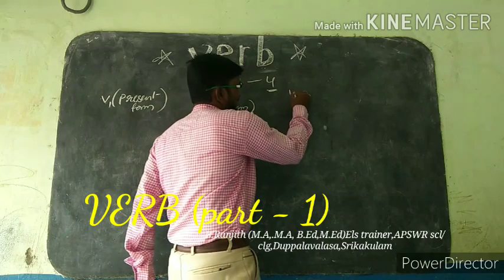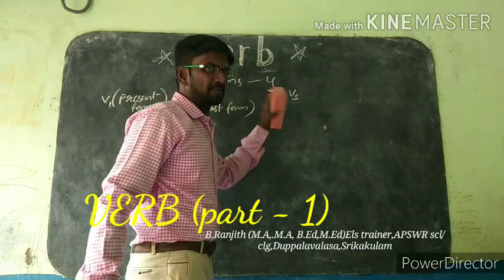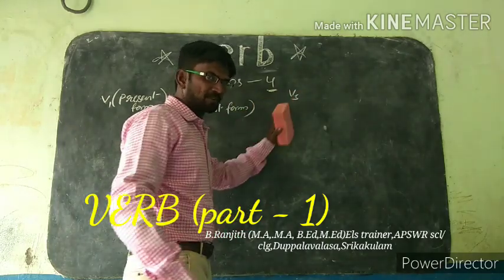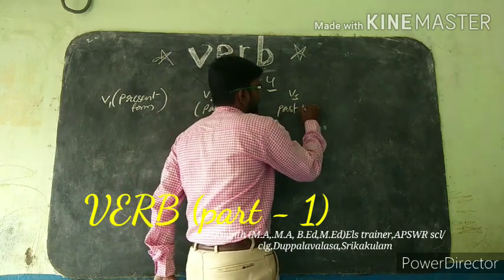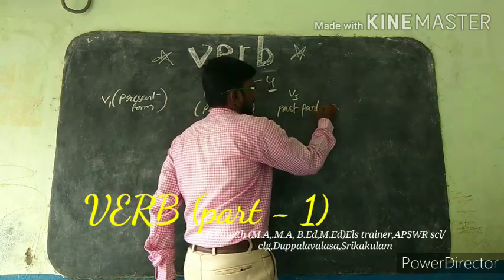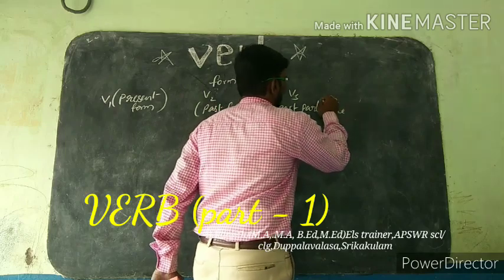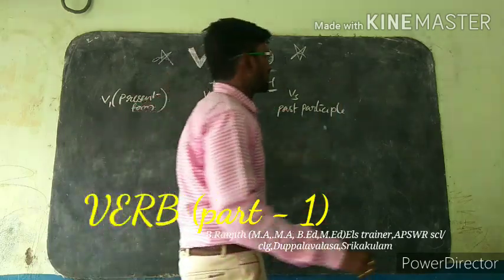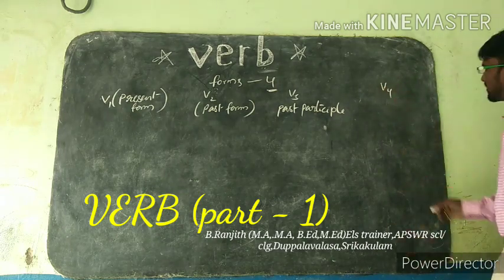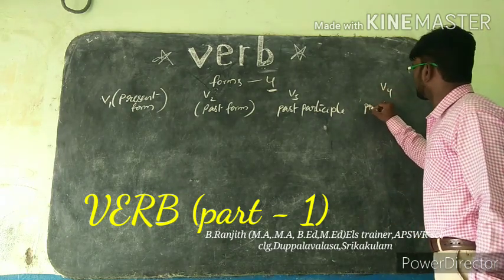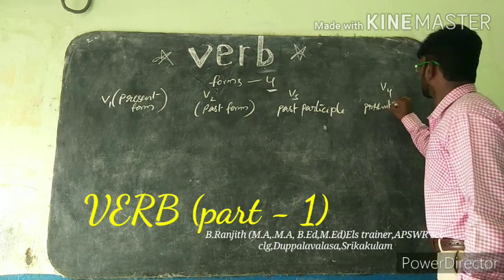And V3 means verb 3, the third form of the verb, called the past participle. And V4 is called the present participle.